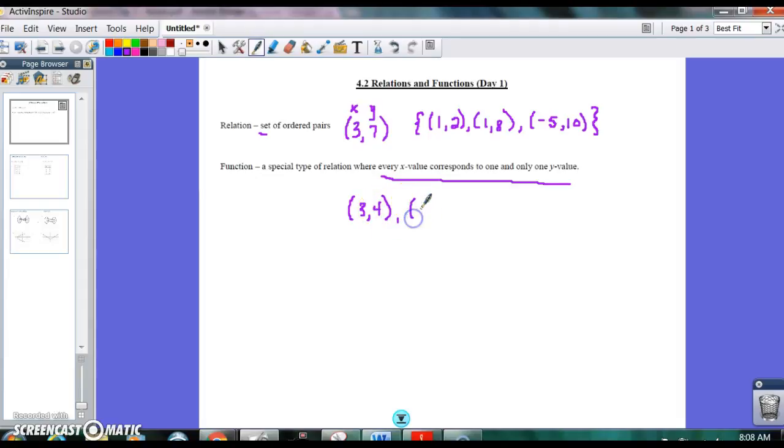If I have the point (8, 15), 8 corresponds to 15. So a function would be a set of ordered pairs where every x value corresponds to one and only one y value. I'm going to show you some examples of things that are functions and things that are not functions, and that way you can see the difference.